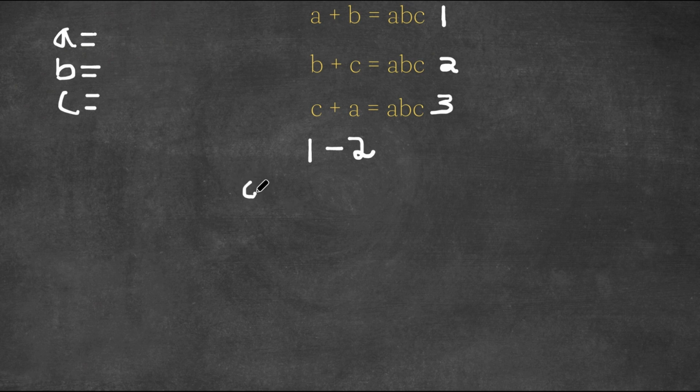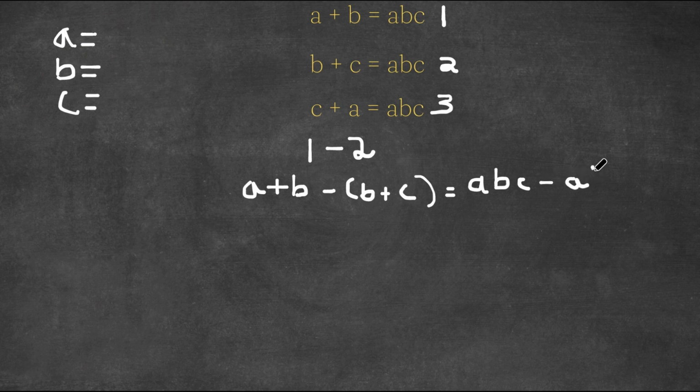So that would give us a plus b minus b plus c, and this is equal to abc minus abc. Now, abc minus abc is simply 0 because these two cancel out, they're the same thing.